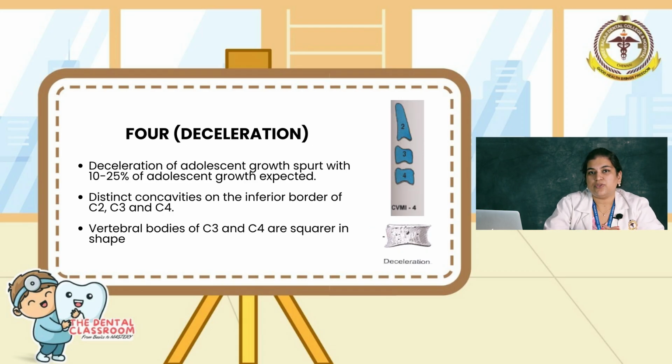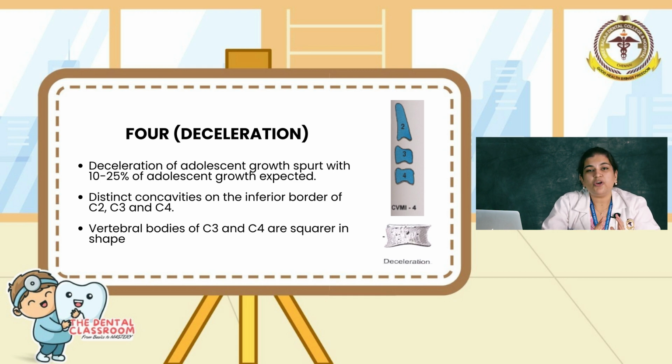The fourth stage or the fourth phase of CVMI is the deceleration phase, wherein you have only 10 to 20% of adolescent growth left, beyond which you cannot expect to see much growth. So ideally, when we are thinking about functional treatment, we would suggest starting your treatment between the stages of CVMI 3 and 4.